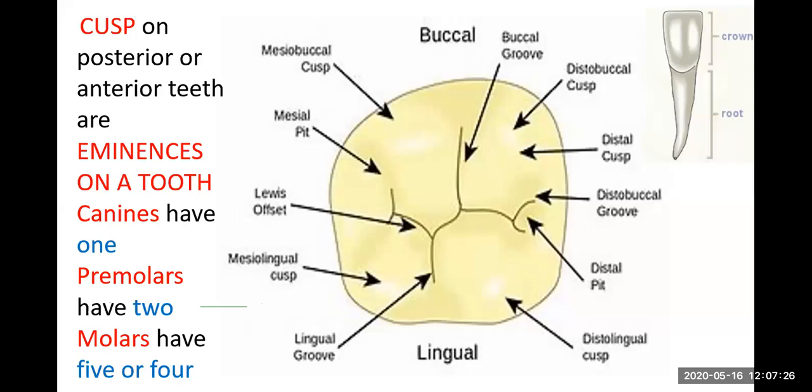If it is lingual, you are going to define it according to that side of the tooth. That is where you have distolingual cusp, distolingual groove. If it is buccal, you are going to be talking about buccal groove, distobuccal cusp, mesiobuccal cusp. If it is distal, and so on, distal cusp, distobuccal cusp.